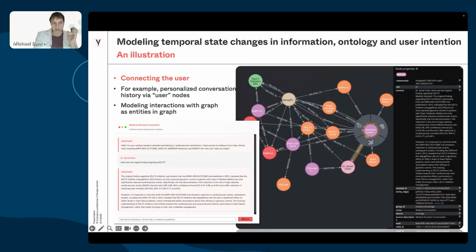And this allows for tracking her personal history. Then, as she interacts with the knowledge graph, in a very simplistic, very straightforward way, and it's questionable whether we want to do it like that in production settings, the idea is that we treat the medical consultations she has with the graph and model those as entities within the graph, right?